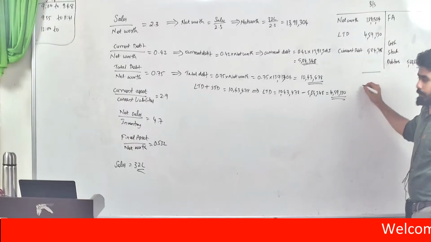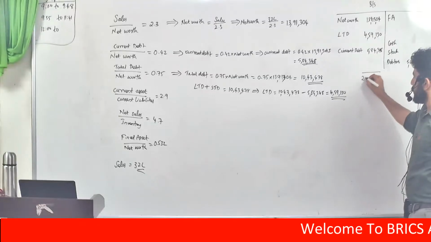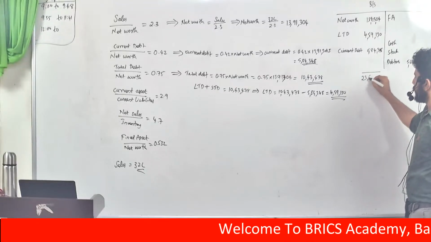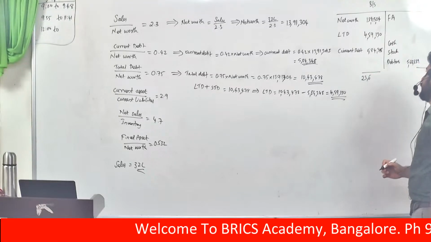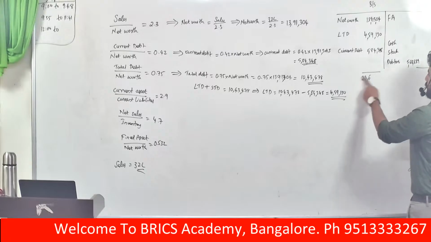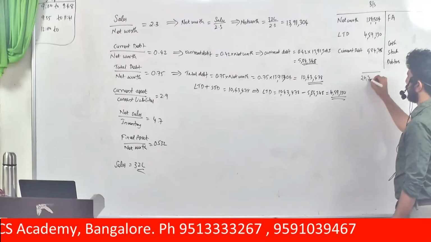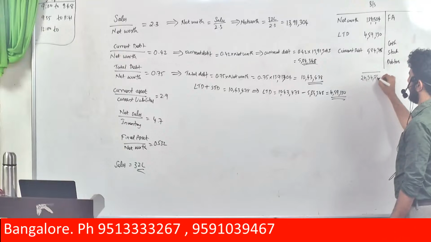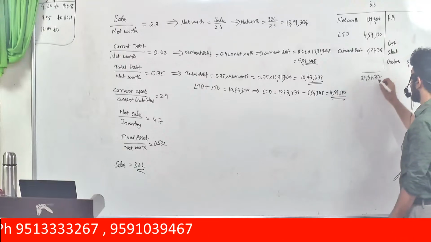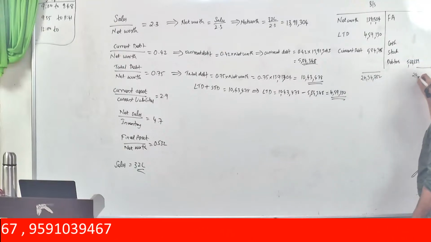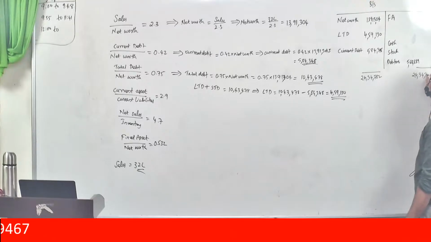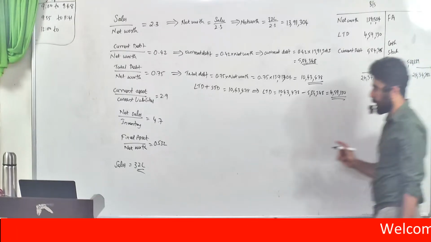Total. 23 lakh 24 lakh 782. Okay. So this has to be same here also. 24,34,782. This much is okay.